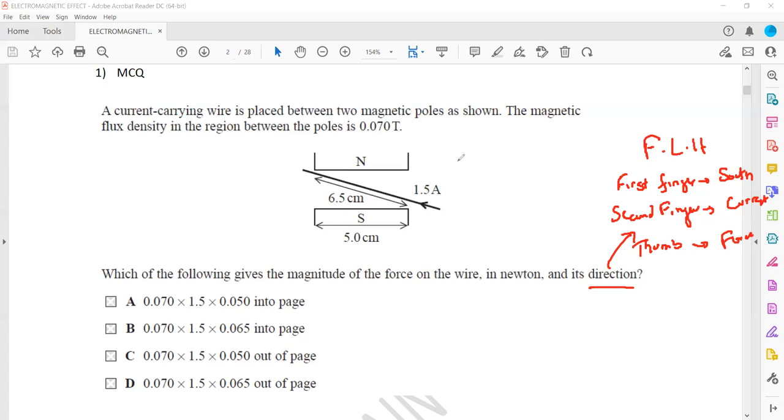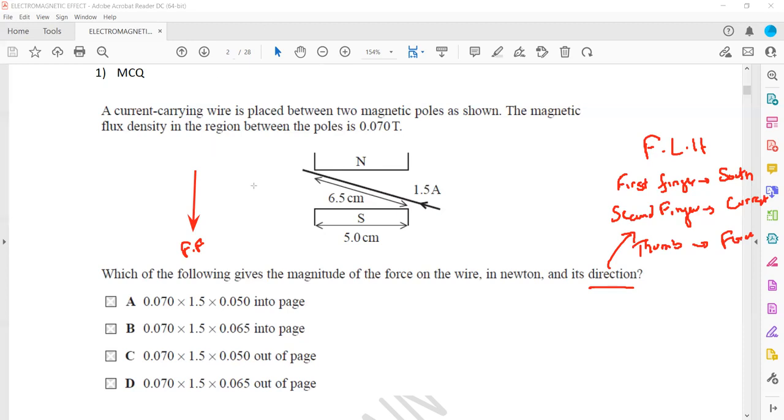So when you apply the rule, your index finger, the first finger, should point towards south. So the first finger is pointing towards south, that is downward, and the second is representing the direction of the current.